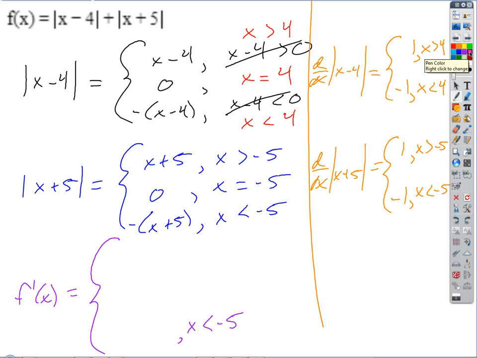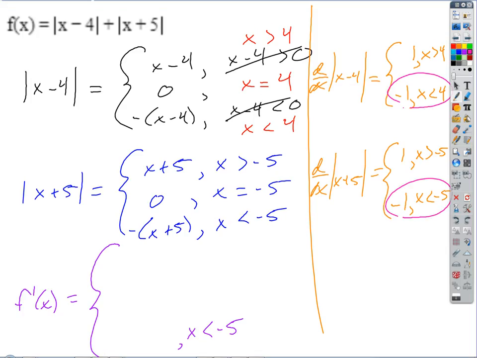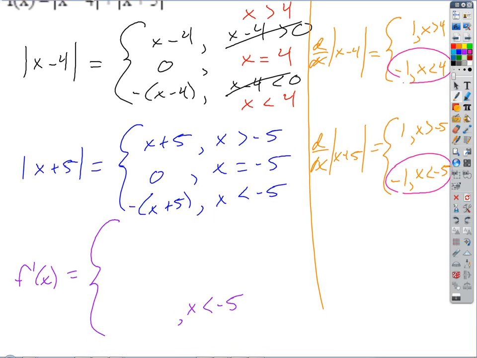The bottom one, right? Because all x values less than negative 5 are certainly less than 4. So we're going to be in this part and that part, and we're just adding those two up. So what do we get? Negative 1 plus negative 1 is negative 2.